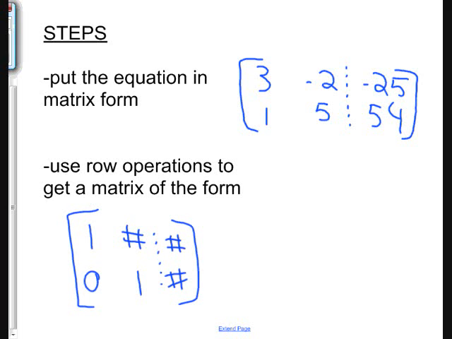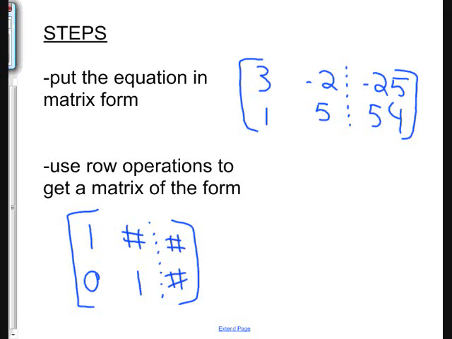After we do a bunch of row operations, we're going to want to get a matrix of a form where our first row, first column is 1, and then everything after that is any number. Then in our second row, it's going to go 0, then 1, and then whatever number, so that we can get our answer.